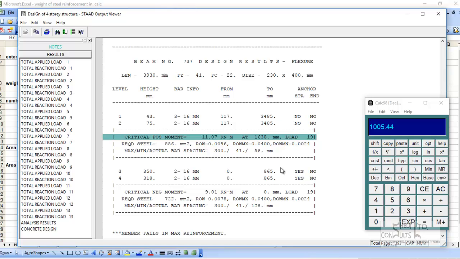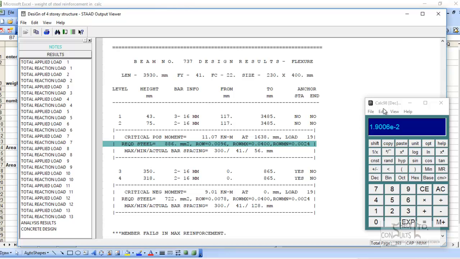Then if you look at this, divide by 230. So if you remember, this is the required steel, this is the minimum AS required. Remember, the code says that the minimum AS required is a percentage of the cross section of concrete.